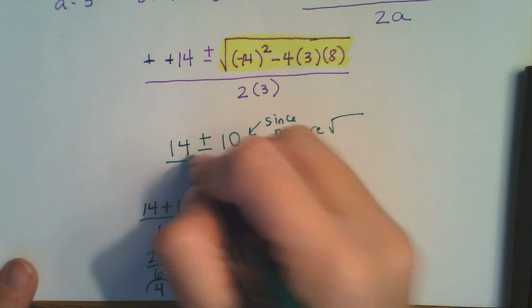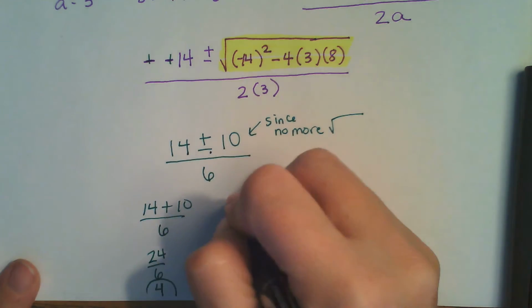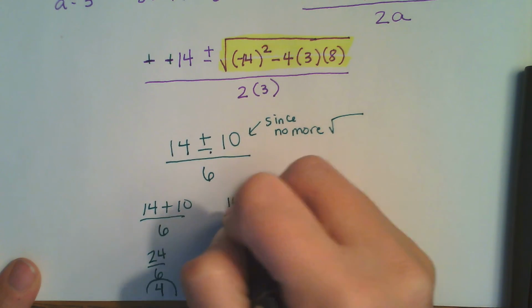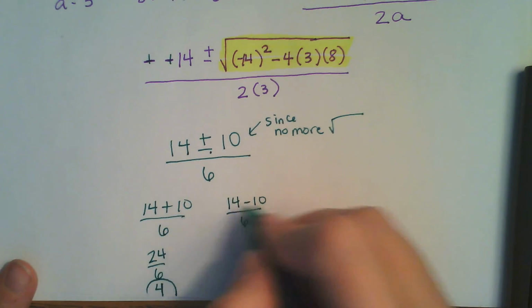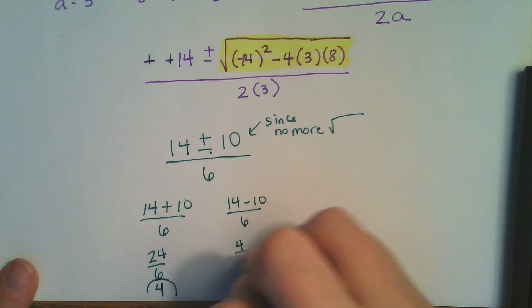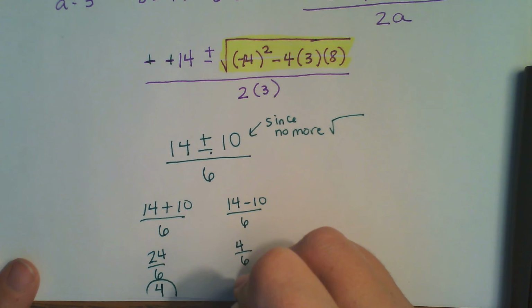The other answer is going to be 14 minus 10 over 6. 14 take away 10 is 4 over 6. This is hard. Which can be reduced to 2/3.